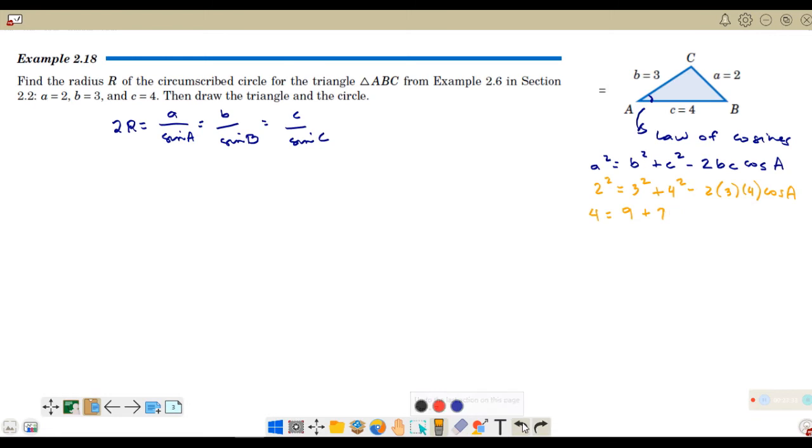Susulat ko kaagad yung sum niya eh. So, 16 minus 2 times 3 is 6 times 4, 24.